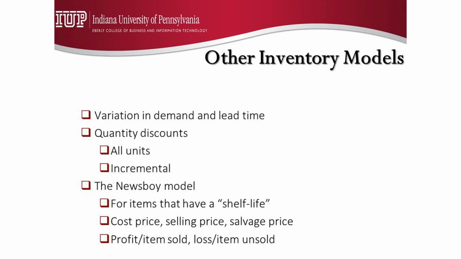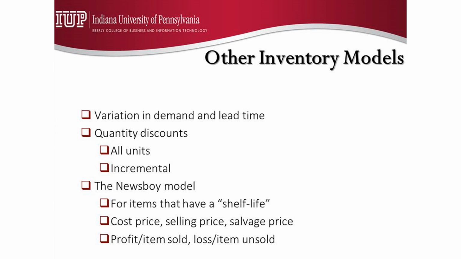So your job as the newspaper vendor is to have the ideal number of newspapers so that you will not end up with inventory or with shortage, because this particular product, the newspaper, is valid for just that day. Can you think of other products that have a similar situation?